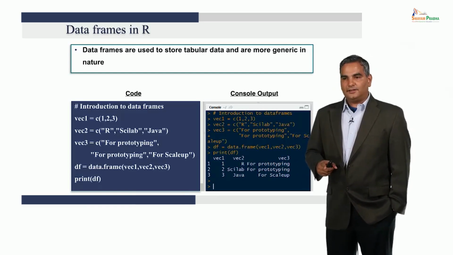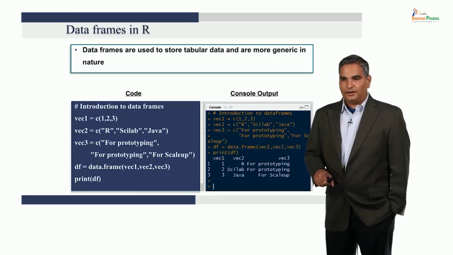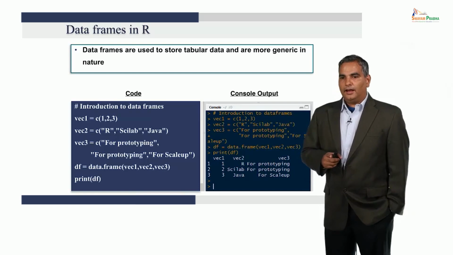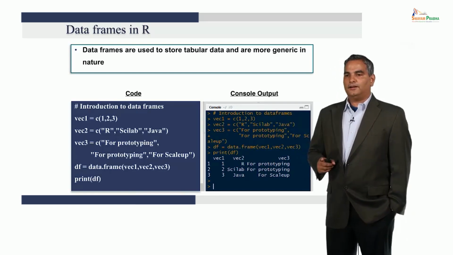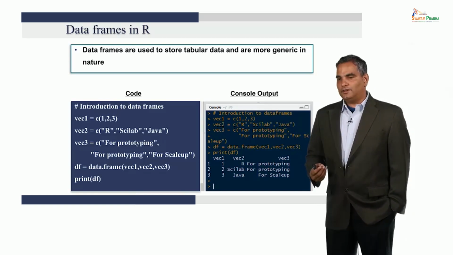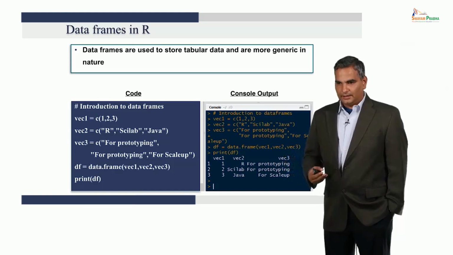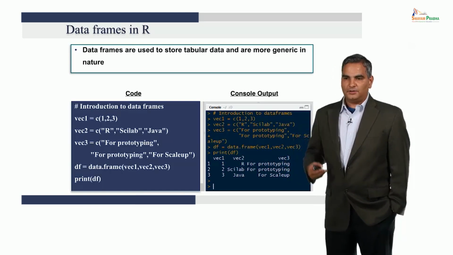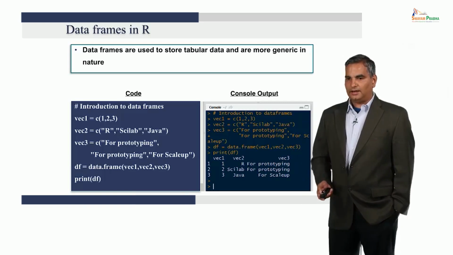Basically the size is 3, but the type is different. And the third column is again a different string type, and you can put all of them together and you have a data frame. So you might want to think of this as a tabular form where you can put disparate object types together. The only thing you have to make sure is within one vector, all the object types are the same. So this is the basic idea of a data frame.